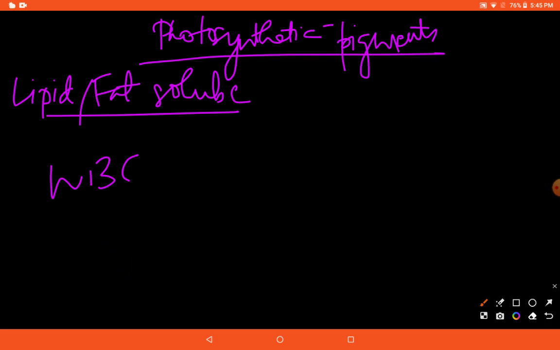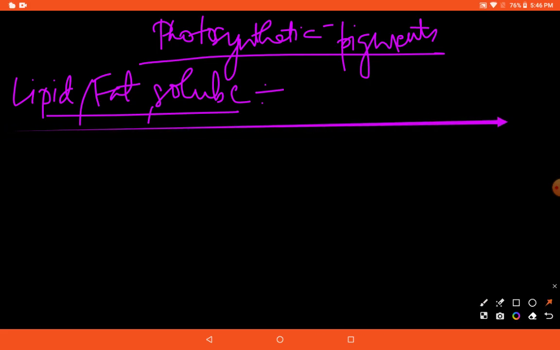Now, coming back here, lipid or fat soluble photosynthetic pigments. So first, I'll just draw a line. We've got actually 1, 2, 3, 4, 5.